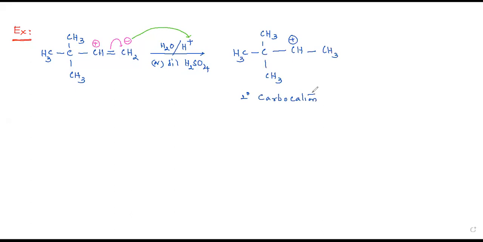Now the 2-degree carbocation, check whether this can be converted into a more stable one. Yes, there is possibility of converting this into a more stable carbocation. See, 2-degree, which is less stable as such, undergoes 1,2 CH3 minus a shift, methyl shift.